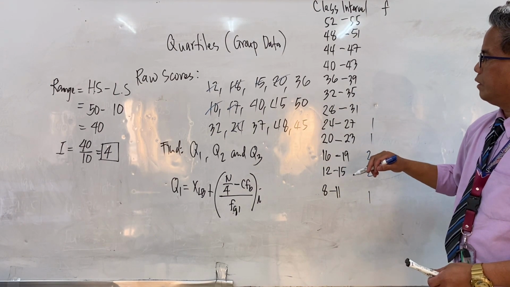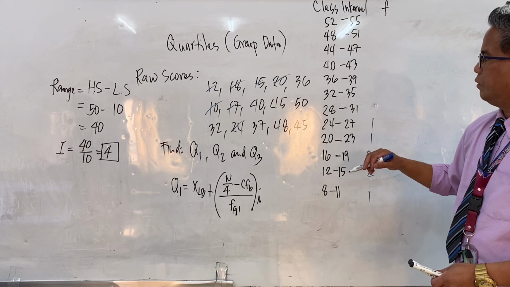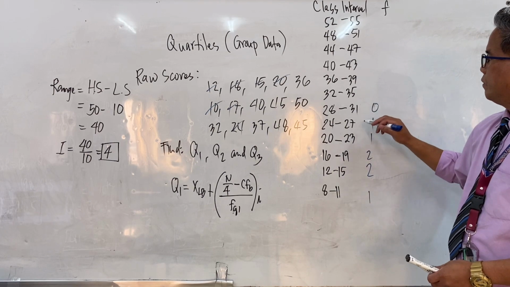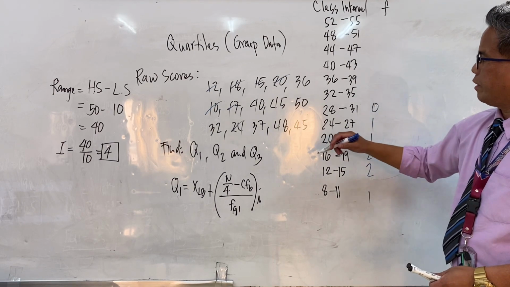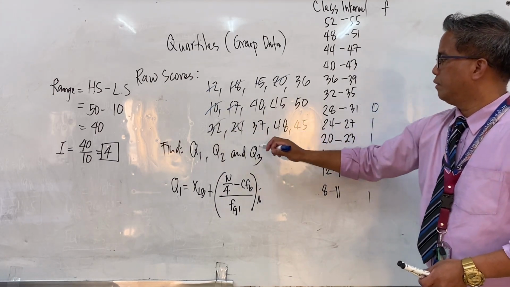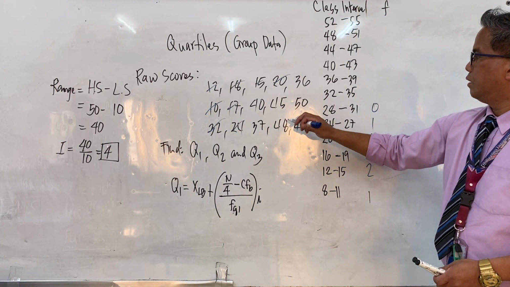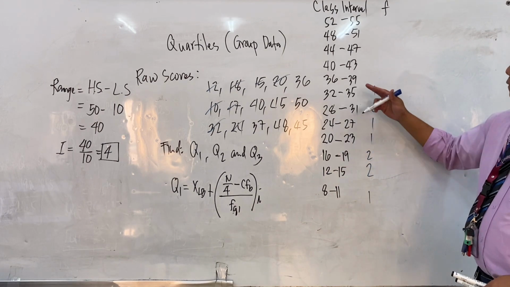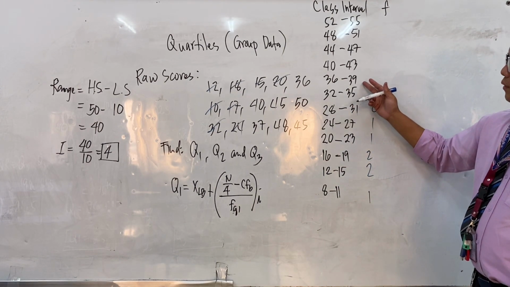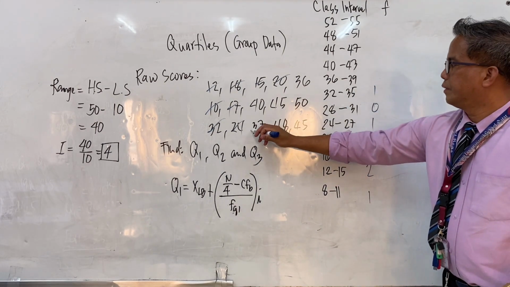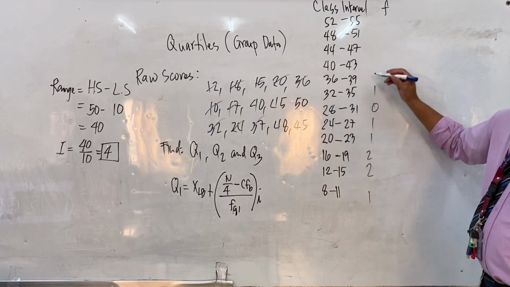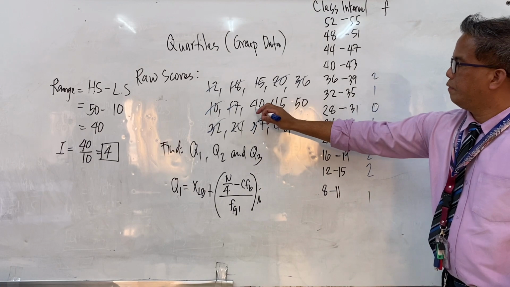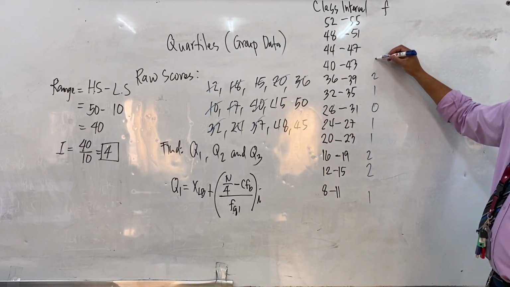28 to 31, 0. 32 to 35, we have only 1. Next is 36 to 39, we have 2. Next, 40 to 43, we have 1.